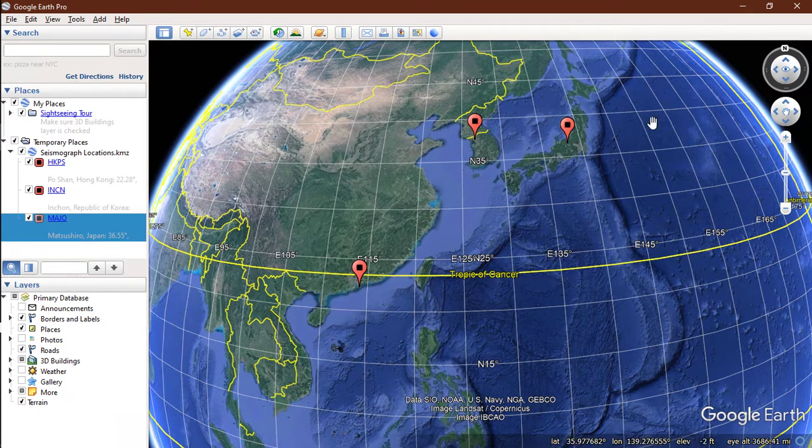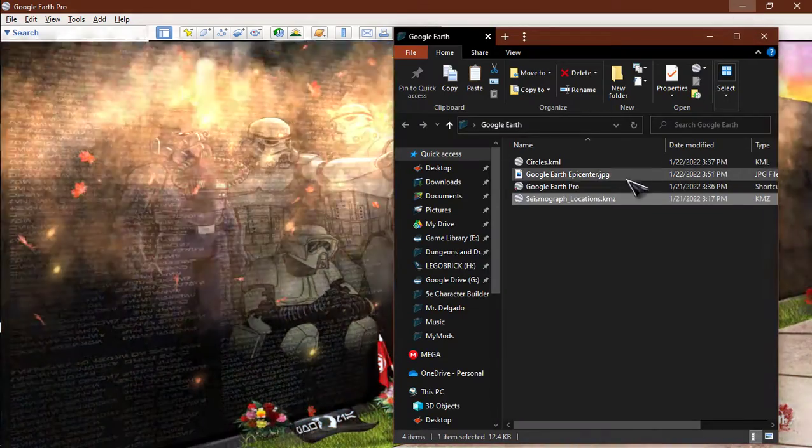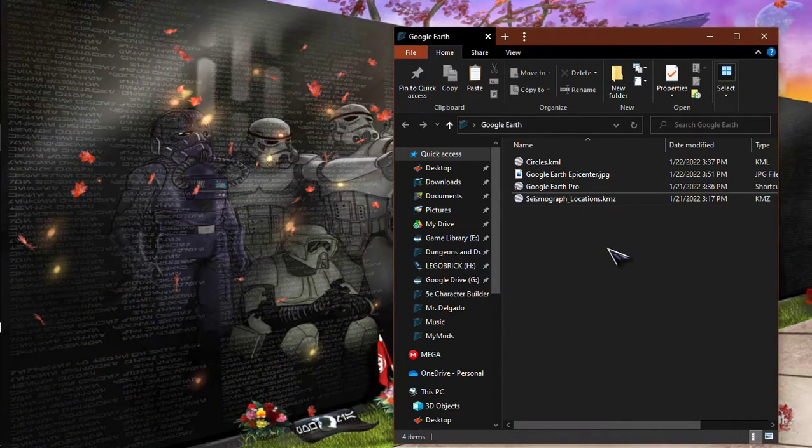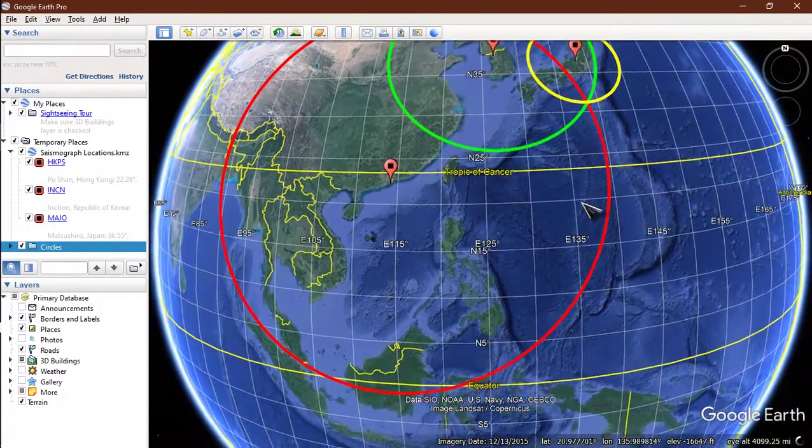Once I got those numbers, I put them into the circle generator. And I got this result.